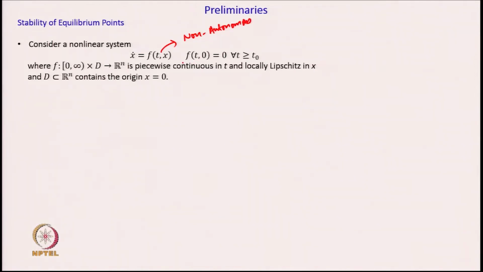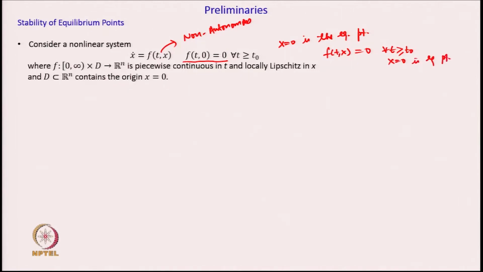And the fact that f of t comma 0 is equal to 0 suggests that x equal to 0 is the equilibrium point. The idea is that you set the right hand side of the equation to 0, and the value of x for which this is satisfied for all time gives you the equilibrium point. So, in this case x equal to 0 comes out to be the equilibrium point.